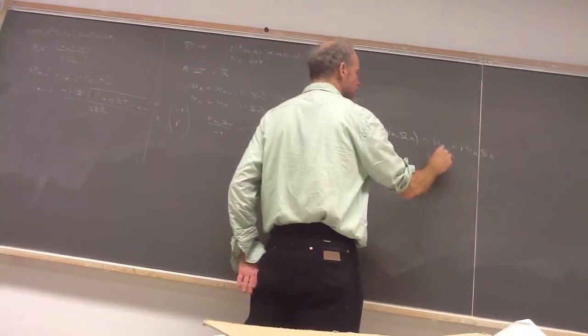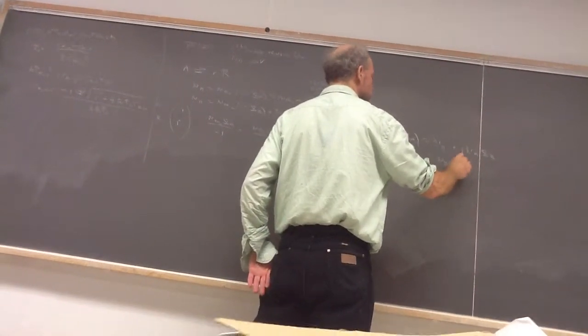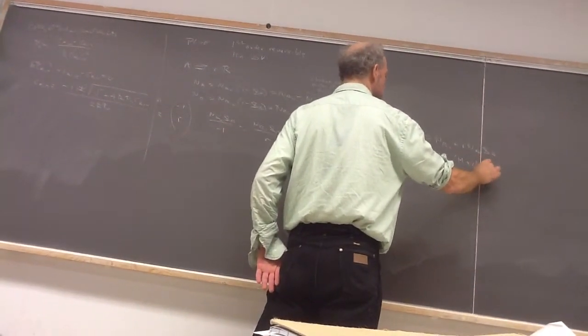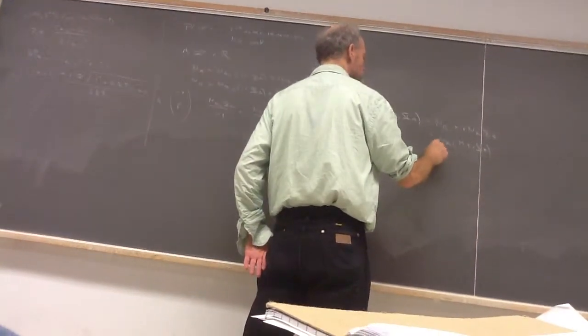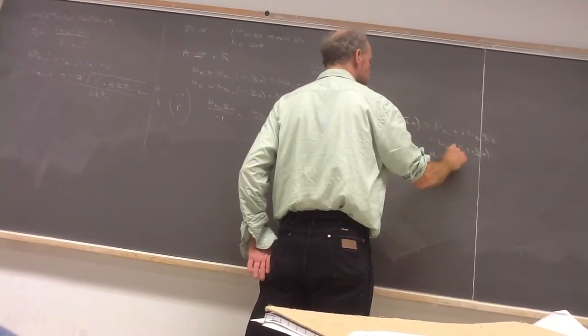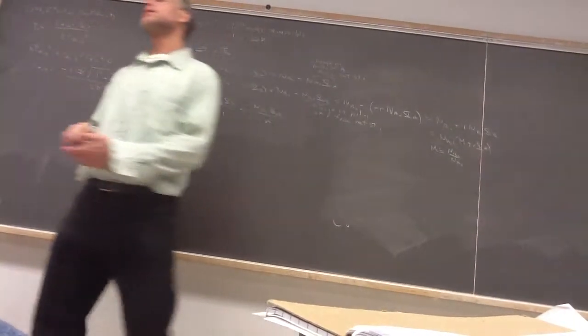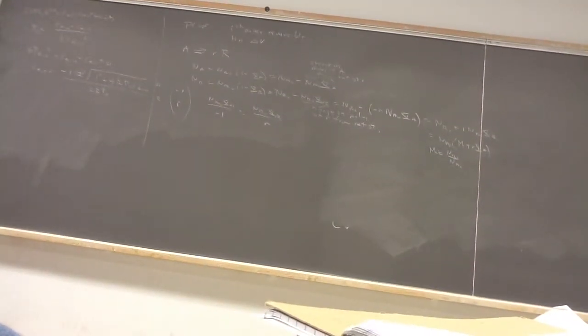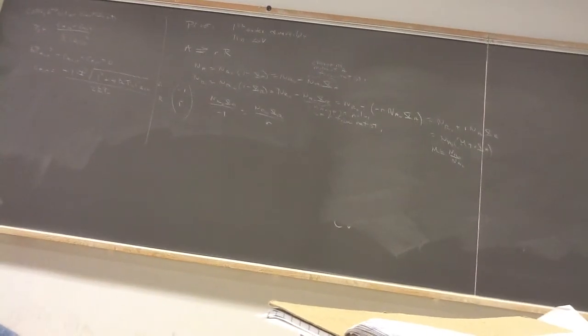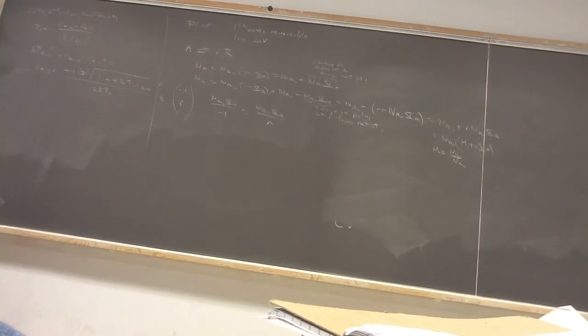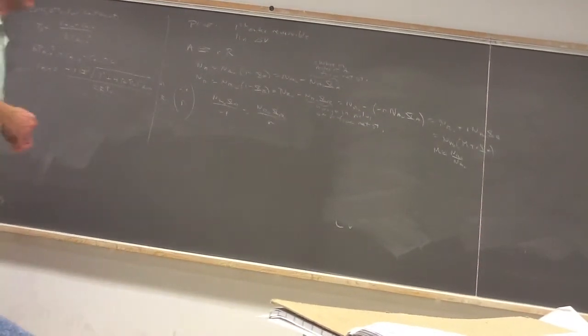And I can factor out an Na0 times M plus r XA, where M is defined as NR0 over Na0 at the reference state. So here I'm assuming that my reference state has both R and A. If it doesn't, then you have to do things a little differently. Don't worry about that right now.